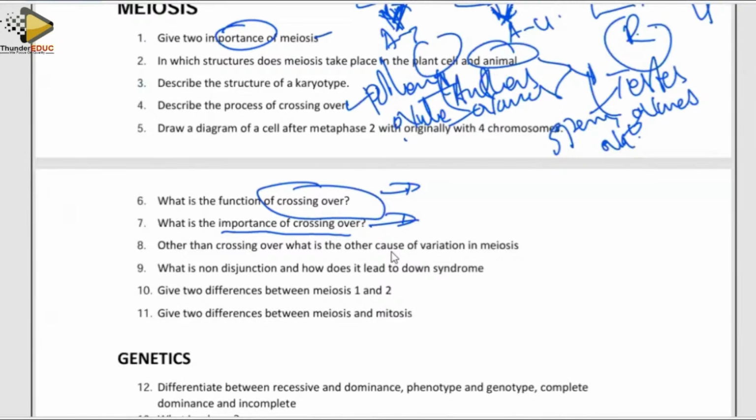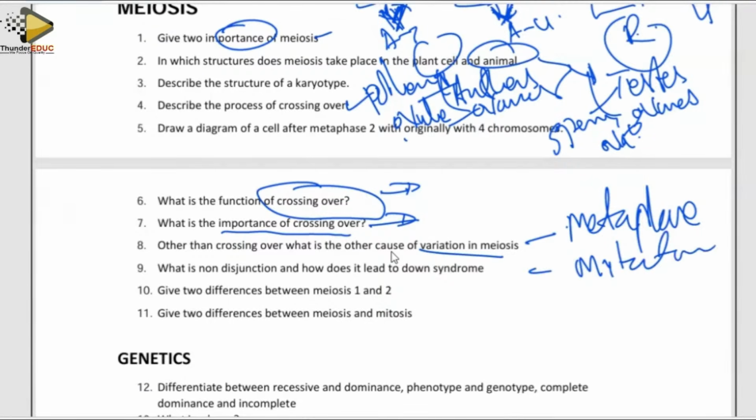Meaning that a different environment will treat us differently. Other than crossing over, what is the other cause of variation in meiosis? You can talk about random arrangement of chromosomes during metaphase, and also mutation, because it can also occur during meiosis, like chromosome mutation.